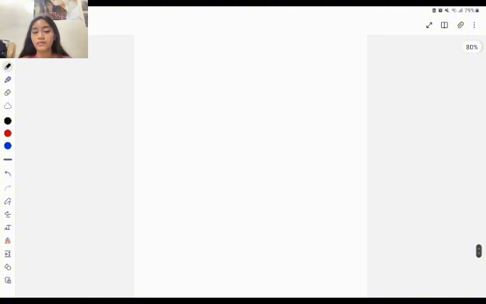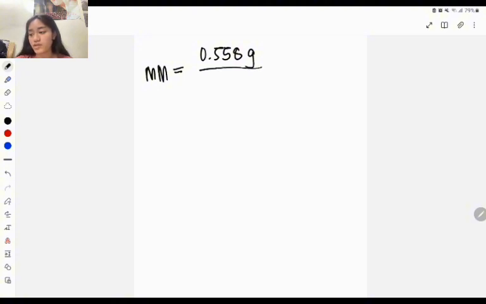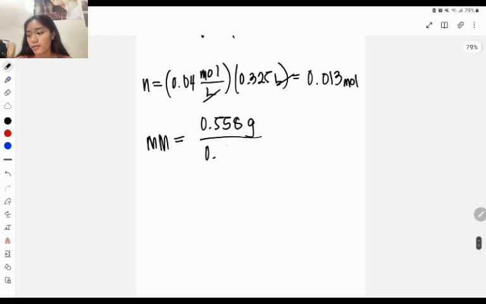Lastly, we have to determine the molar mass using the mass provided and the calculated moles. The molar mass is equal to the mass of the solute, which is 0.558 grams, divided by the number of moles, which is 0.013 moles.